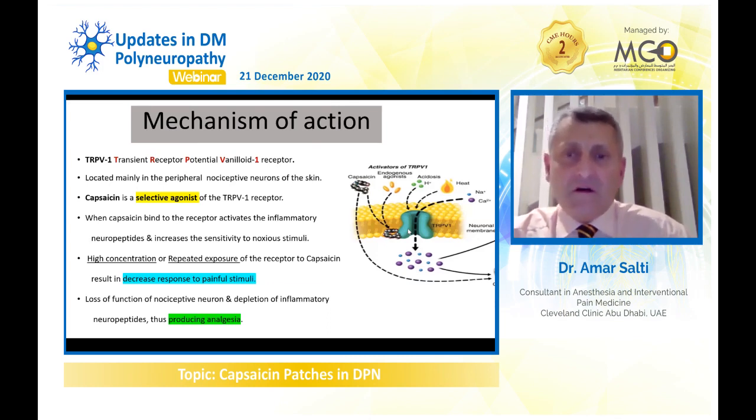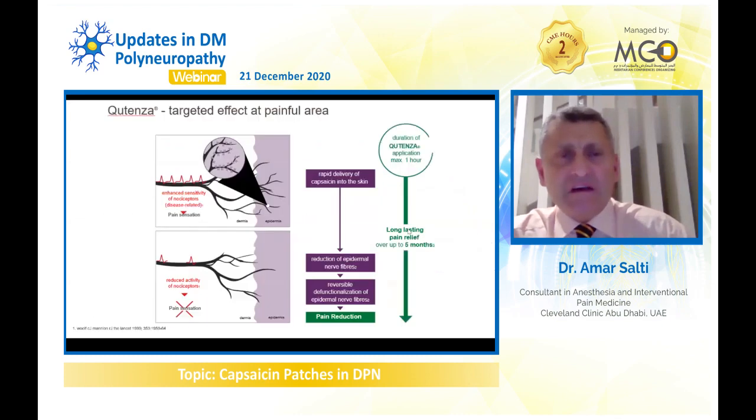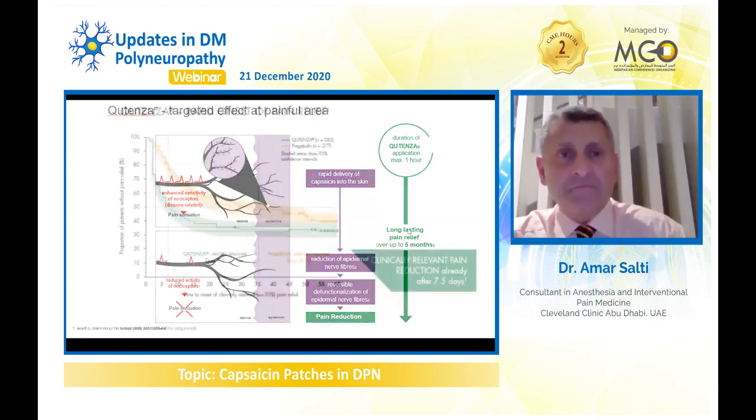High concentration or repeated exposure of the receptors to capsaicin will reduce the painful sensation through loss of function of nociceptive neurons and depletion of inflammatory neuropeptides, then producing analgesia. It's a sort of defunctionalization of the epidermal nerve fibers, leading to pain reduction in these patients.